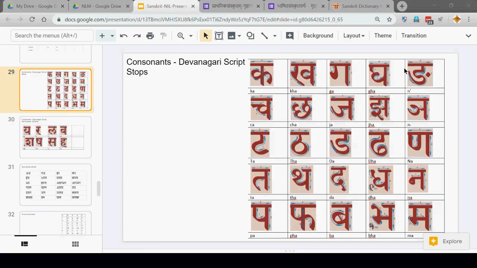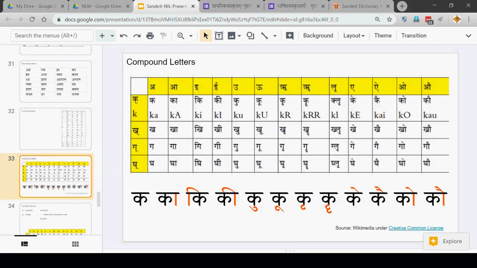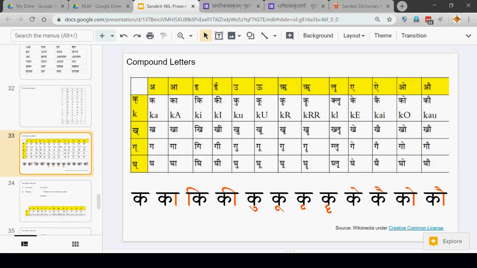Okay, so you can practice this writing also for all the consonants and compound letters in the workbook. I think I sent you the link to the workbook.